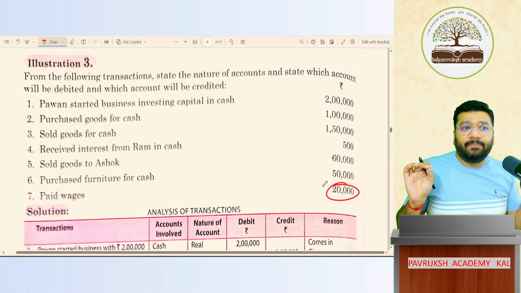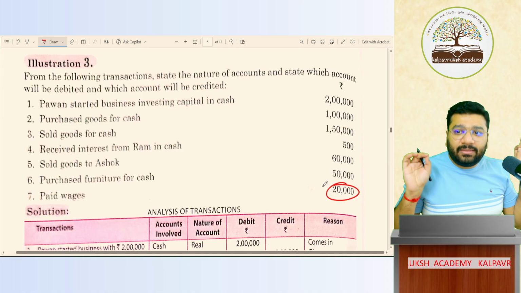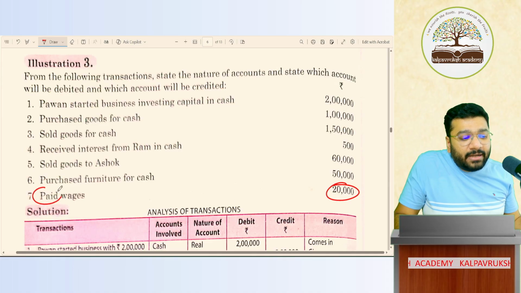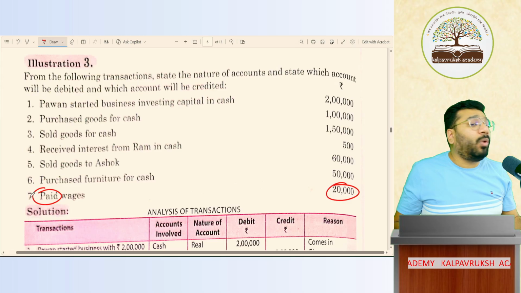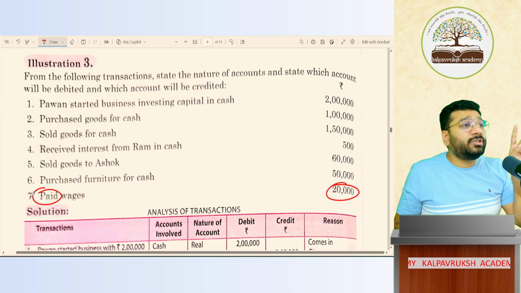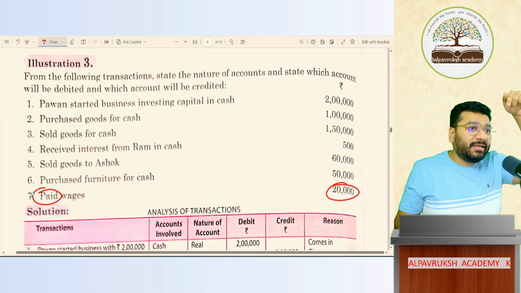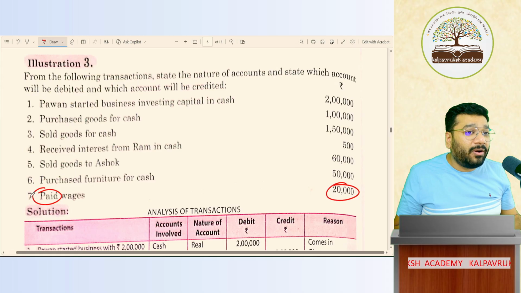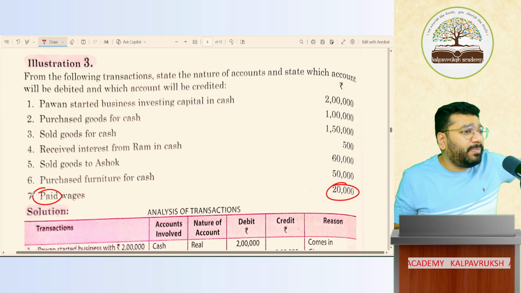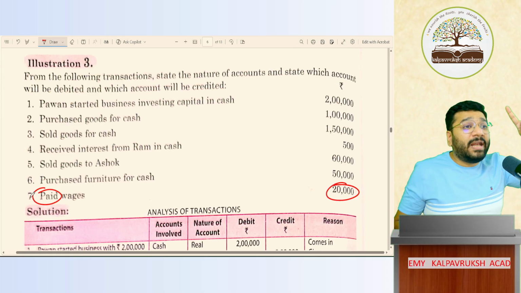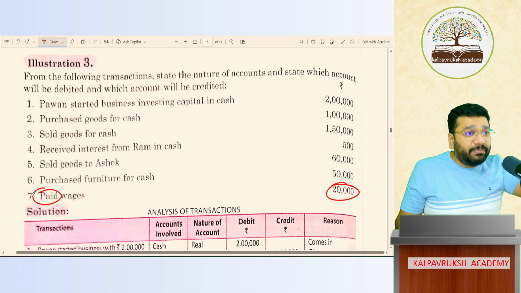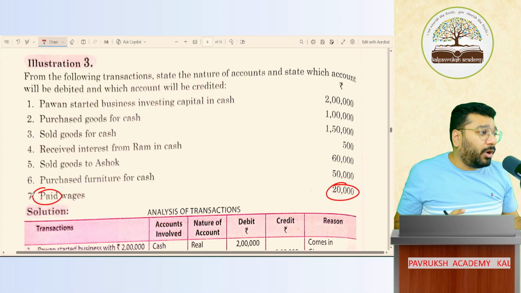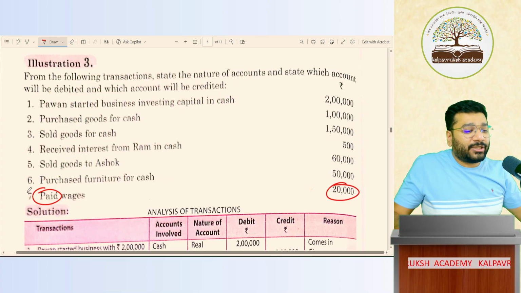For CBSE people, state board people, in 11th and 12th, whenever they say paid and the mode is not given, you assume cash. When you come to CA Foundation, you will assume bank. But you are CBSE graders, state board people, so what will you assume? Cash. Whenever they say paid something or received something and the form is not told, always assume it as cash.